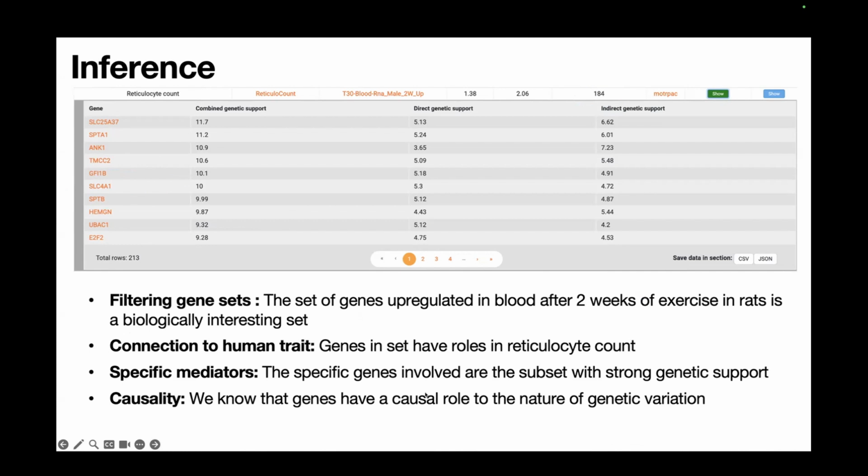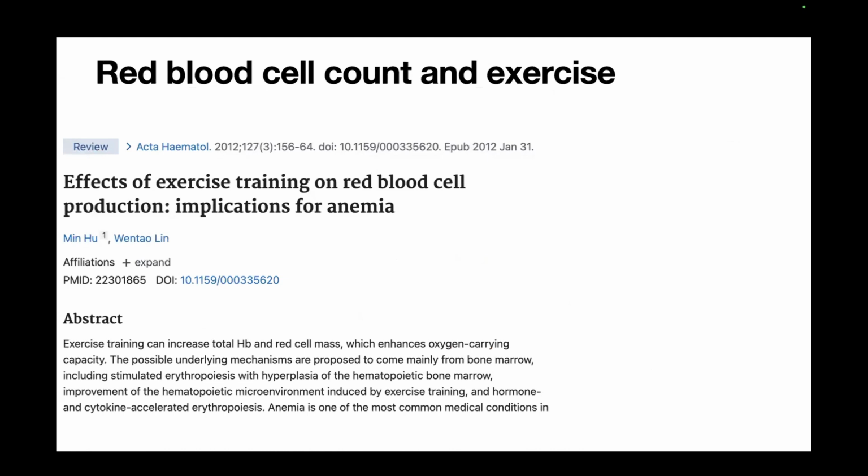We don't know that they have a causal role in exercise, because you can't infer causality from the differential expression results, but the human genetics does give you a causal link to the trait. So you now have mediators that are causally affecting reticulocyte count that are upregulated after exercise. So there's a ton of information baked into this if you think about it, right?